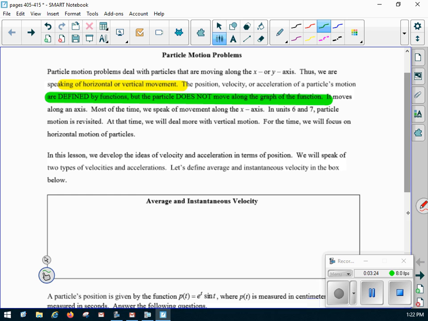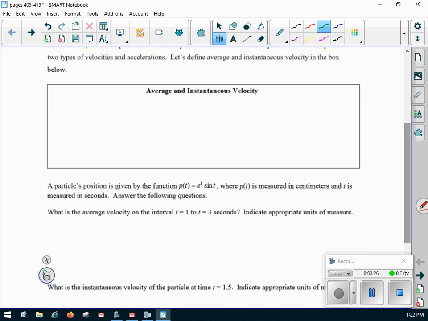Now, let me say this. Sparks will use P of t most of the time to indicate position. Most places will use S of t, and that has something to do with physics. Don't ask me what, I don't know.